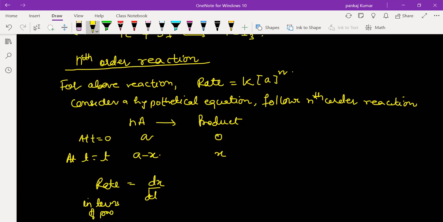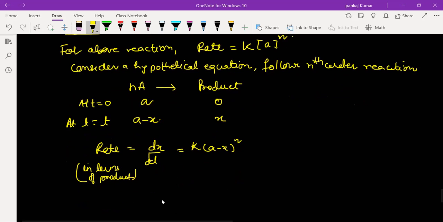So this is equal to k into a minus x to the power n. Again, we can write dx by a minus x to the power n is equal to k into dt, right?